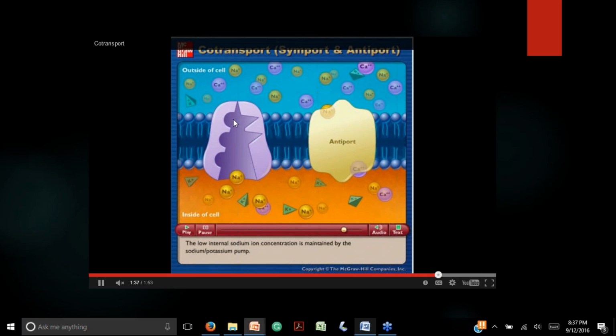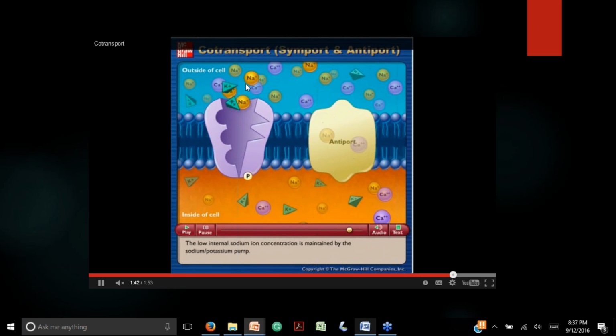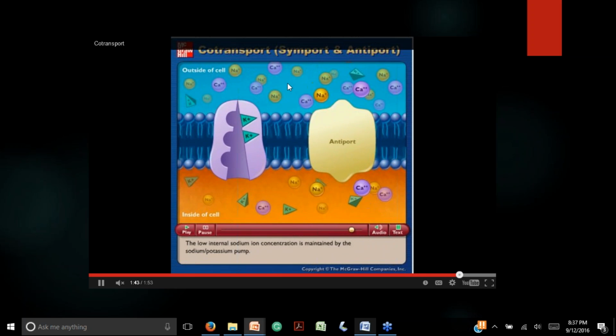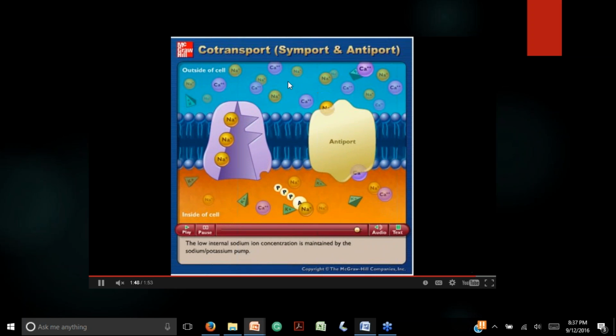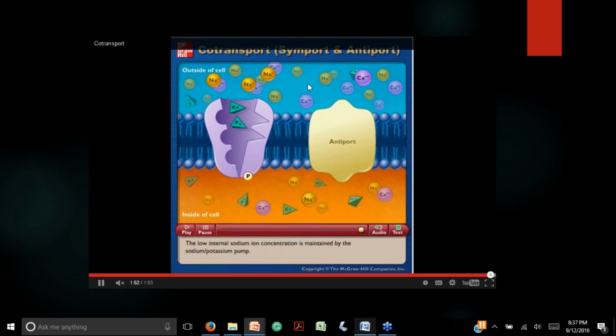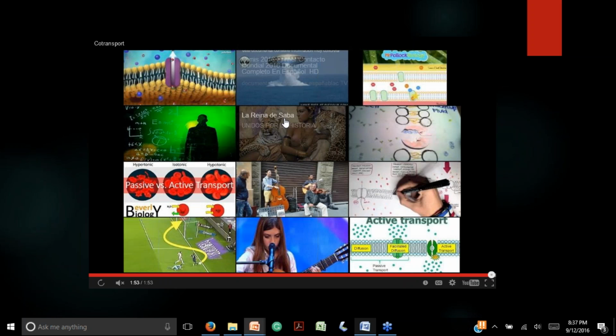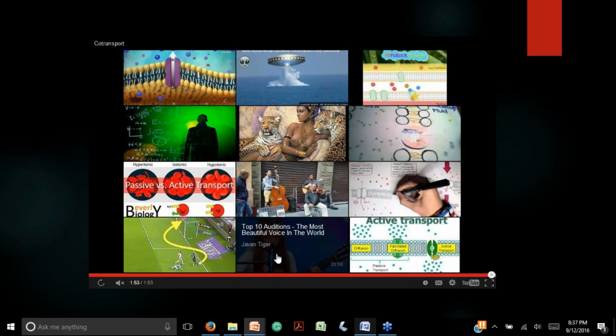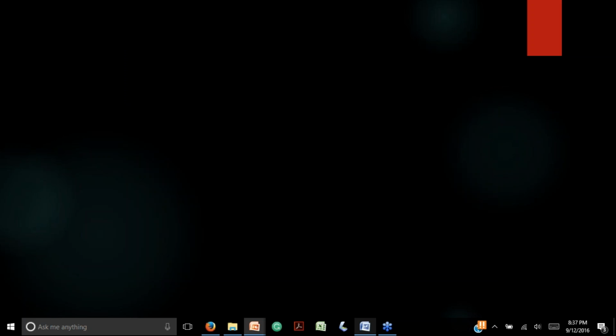Again, it's going to be the sodium potassium pump. It increases even more the membrane potential, the difference of ions between the intra and the extracellular, and when it is loaded, sodium is going to enter the cell, and the calcium is going out.